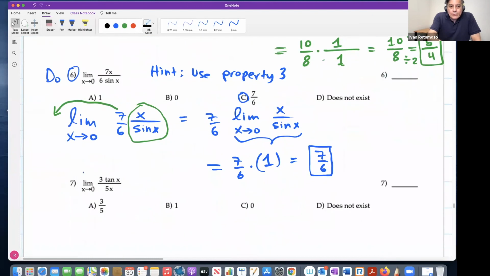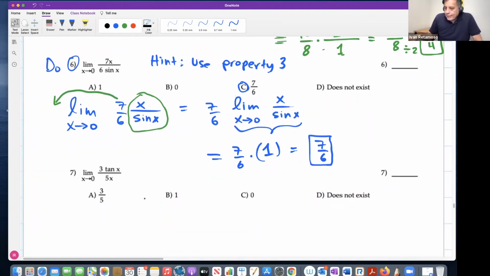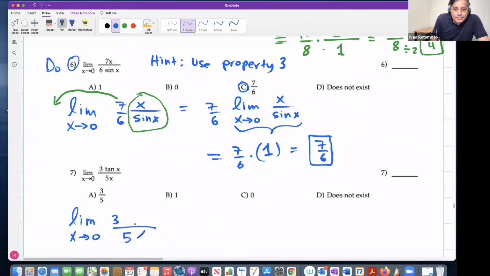Now, what to do if we have tangent there? It shouldn't be a problem, guys, because I know you did well in pre-calculus, so you should remember this. A tangent in pre-calculus, they show you that it is equal to sine of x over cosine of x, right?